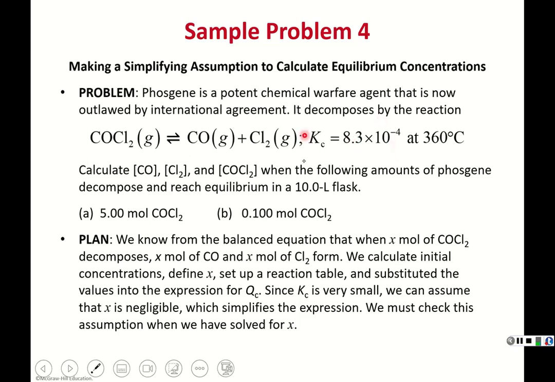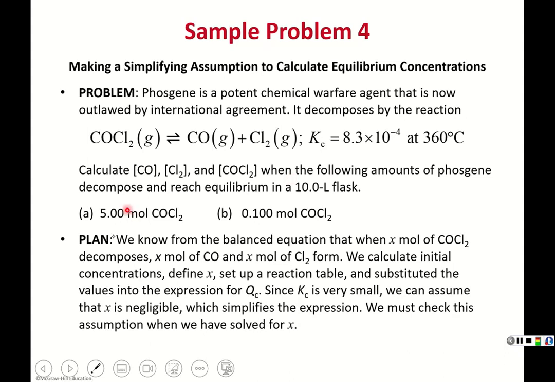The equilibrium constant's given here, and you can see that it's a fairly low equilibrium constant. This is at 360 degrees Celsius, by the way. We're supposed to calculate our carbon monoxide, chlorine, and phosgene concentrations when the following amounts of phosgene decompose and reach equilibrium in a 10-liter flask.